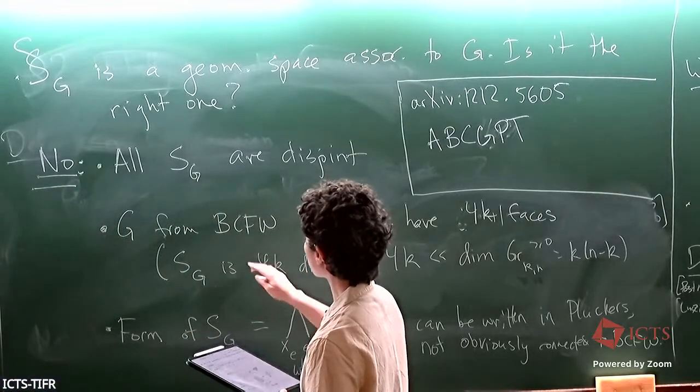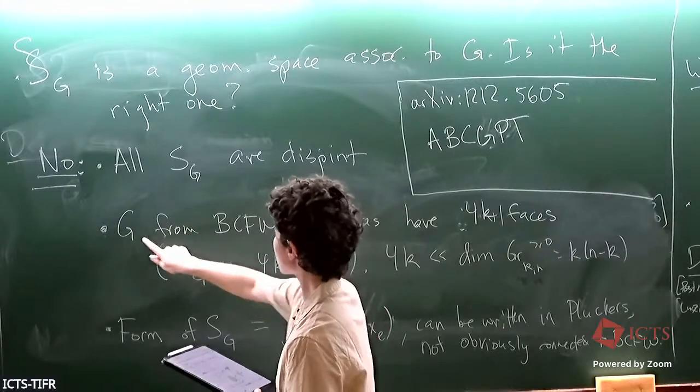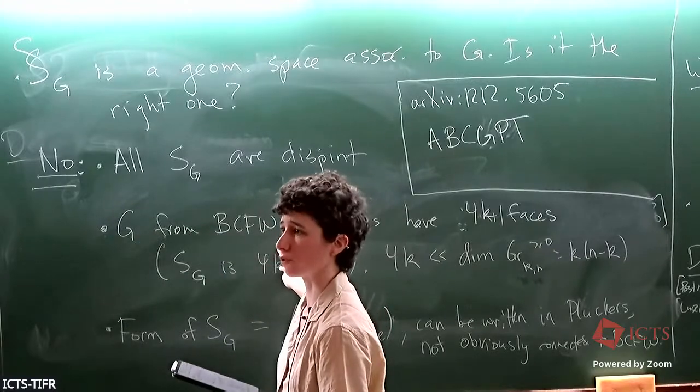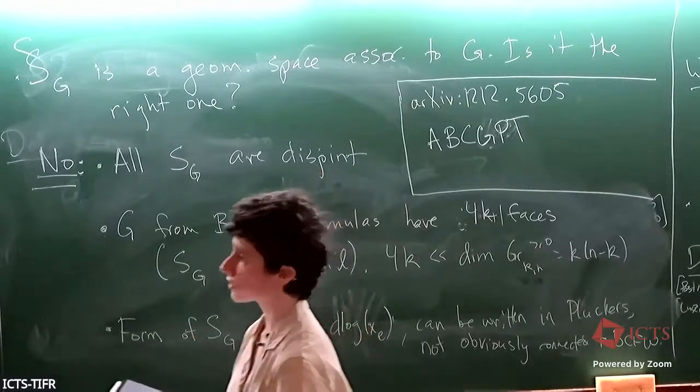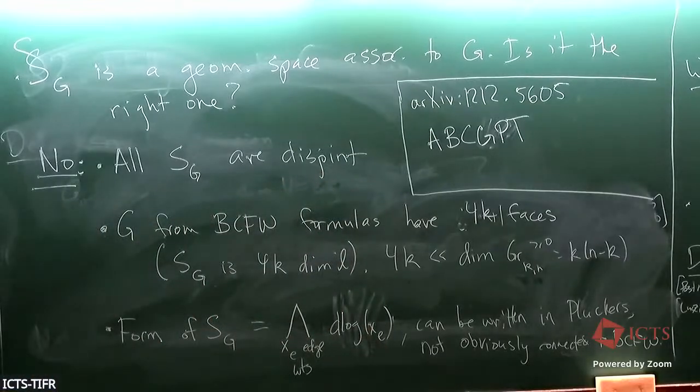So in this particular case, I'm just talking about the graphs that come from the BCFW formulas. Those are special among the class of all graphs because I can build them up in exactly this sort of recursive way. And if you use exactly this sort of recursion to build up a graph, you'll always get a cell that's 4K dimensional. So this kind of graph doesn't show up in this recursion, for example.